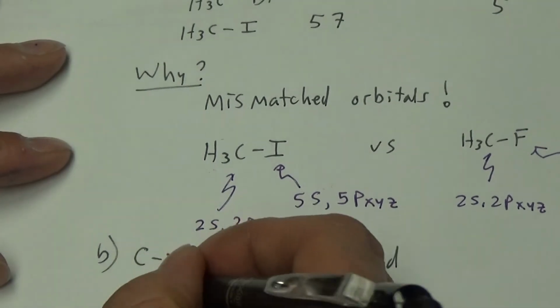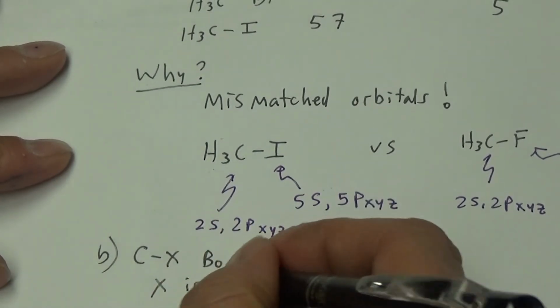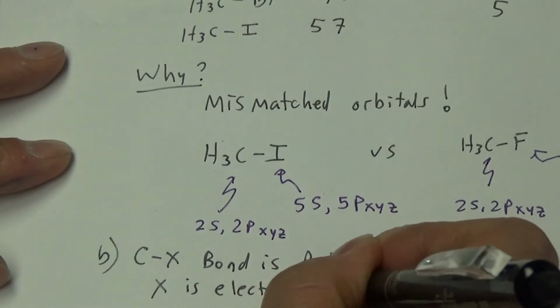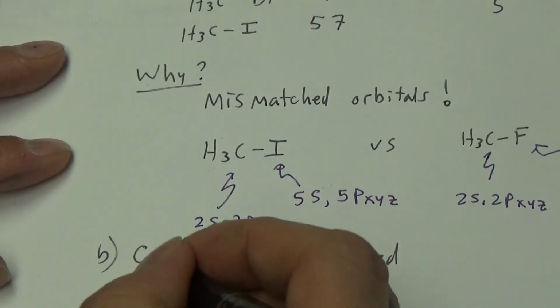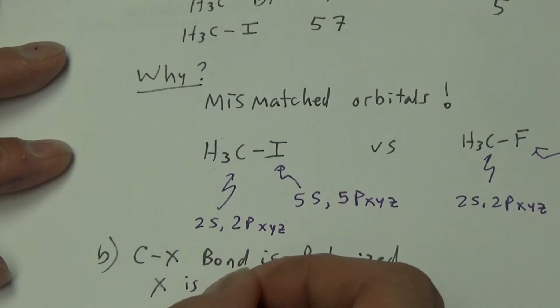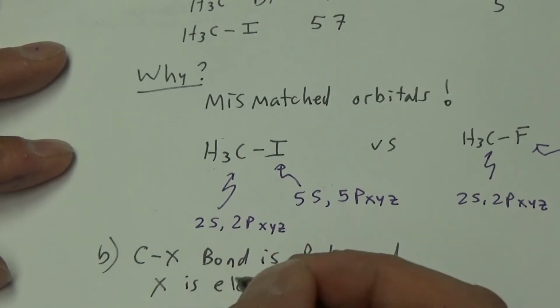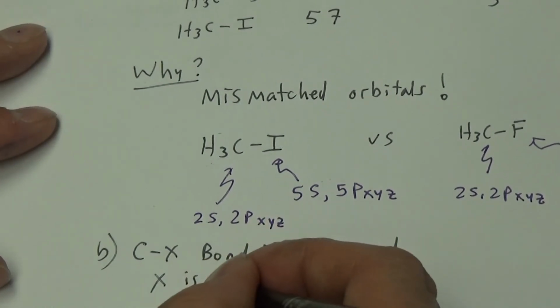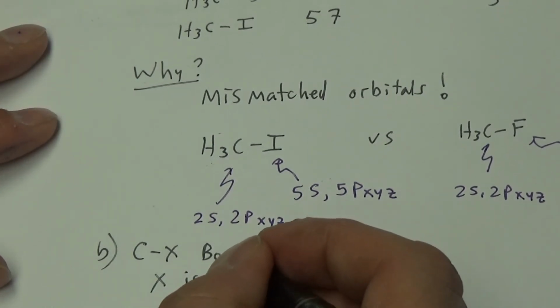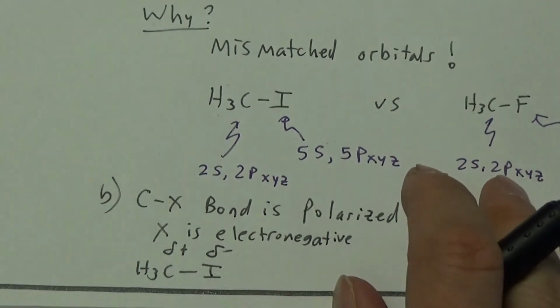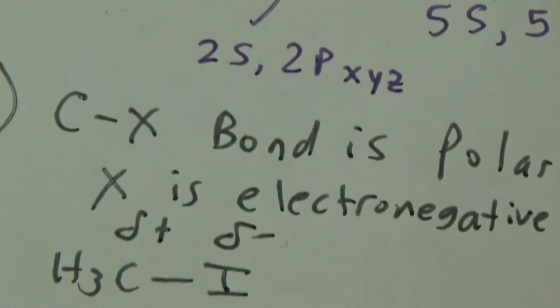So X is electronegative. And so if we think about iodomethane, there's a little bit of a partial negative charge on the iodine, and there's a little bit of a positive charge on the carbon, right? So it's delta positive, delta negative.